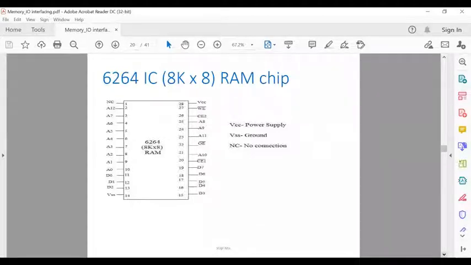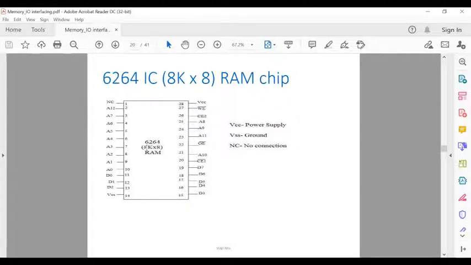Now the number of address lines depends on the storage capacity of the RAM chip, as for ROM also. For example, an 8K cross 8 RAM chip has 13 address lines.